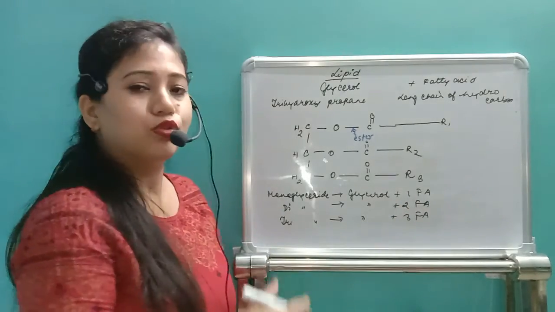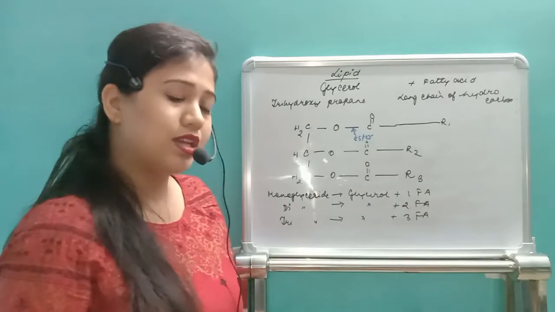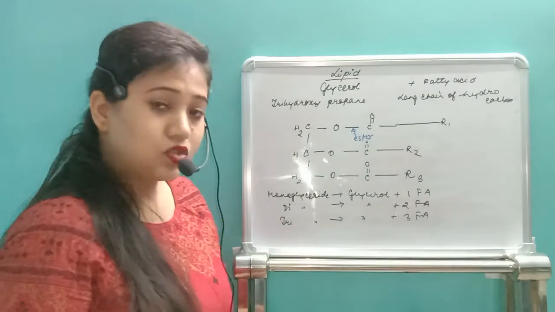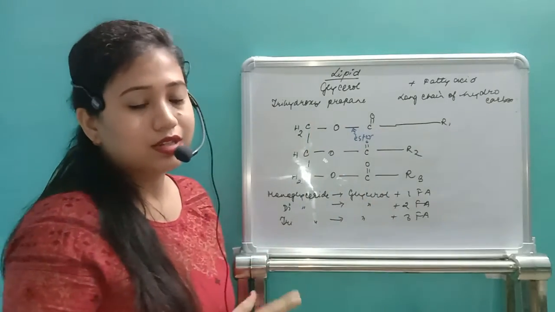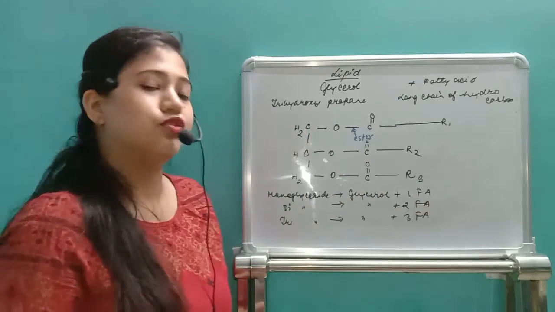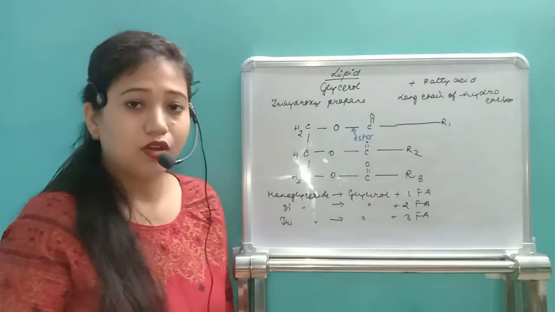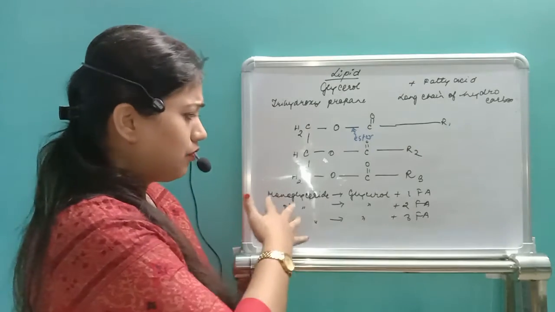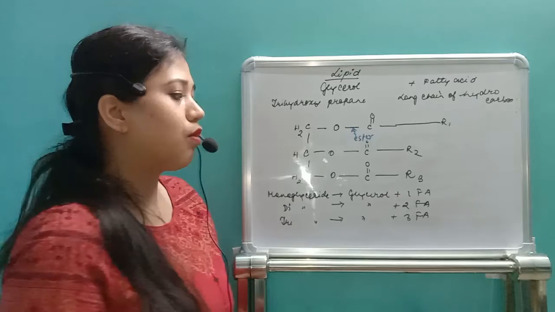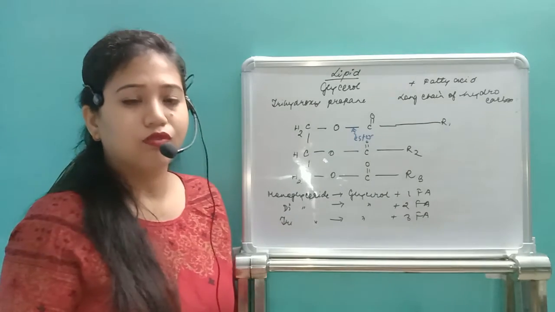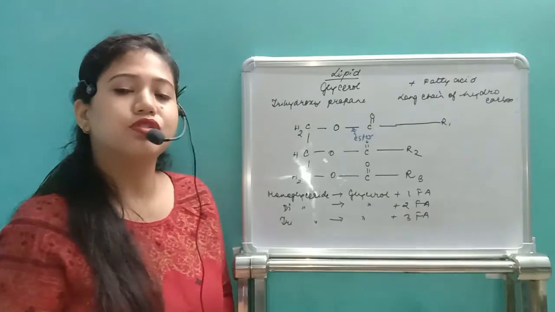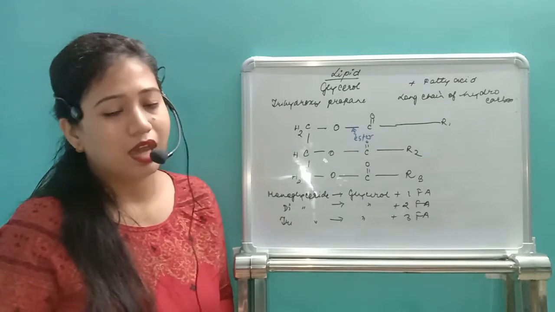So this will be the monoglyceride, diglyceride and triglyceride. Next one, if all of these fatty acids are only one type of fatty acid, then it will be called a true fat. And if different types of fatty acids are attached, then you can have waxes.